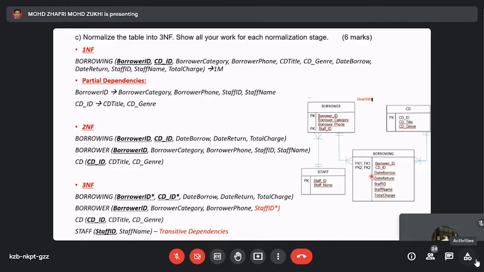And then we have date borrow, date return, and total charge. Staff ID and staff name do not exist in this borrowing. And then CD is normal: CD ID as the primary key, and then CD title and CD genre. Okay, can you understand so far?